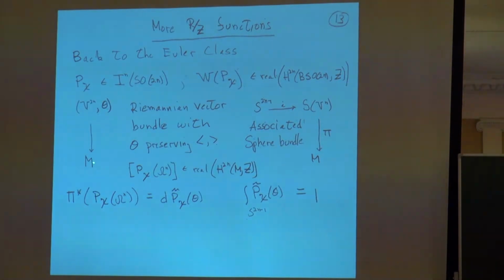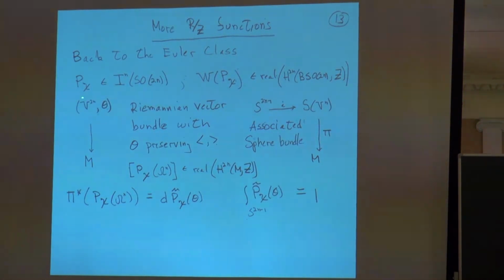So now let's suppose I have a Riemannian vector bundle over M. So this is not the tangent bundle anymore. Why don't you put Z there? What? Coefficient Z. You want that? I do, actually. Okay. I want that Z right there, because it's an integral class. Because things are normalized. So this is the Euler class.